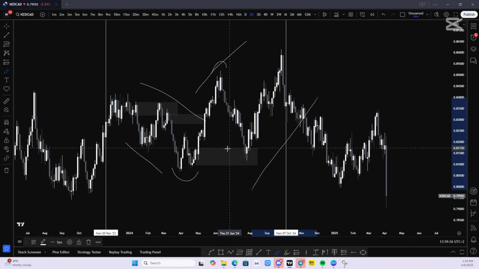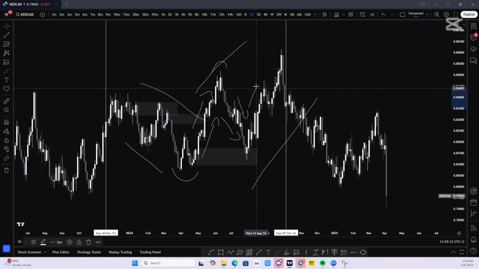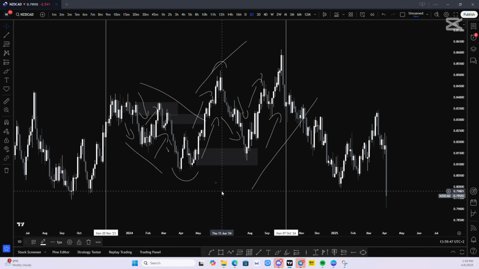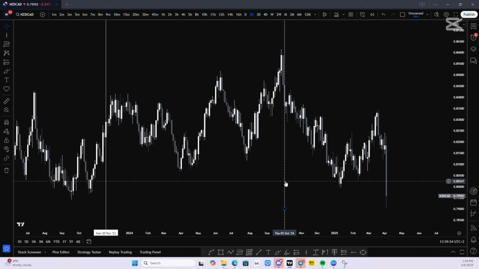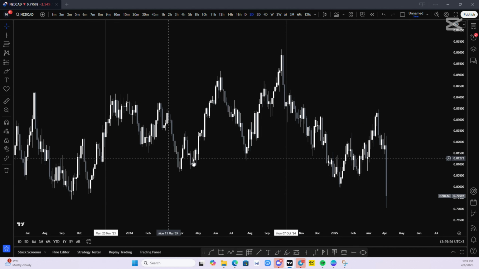So within these internal order flows, we can look for more trades to take from. Let me just clear all these lines, and focus it from here to here. This here is our external order flow.